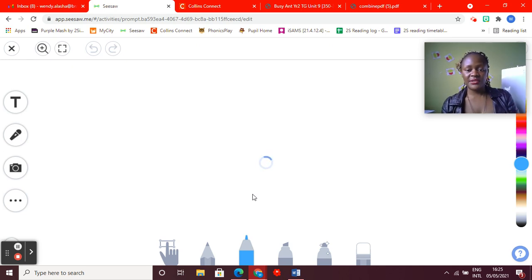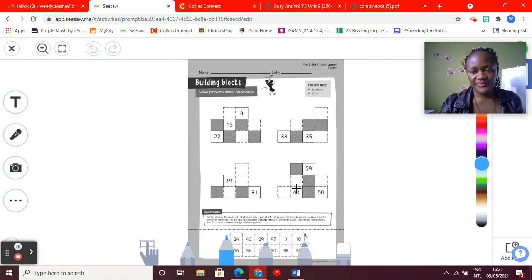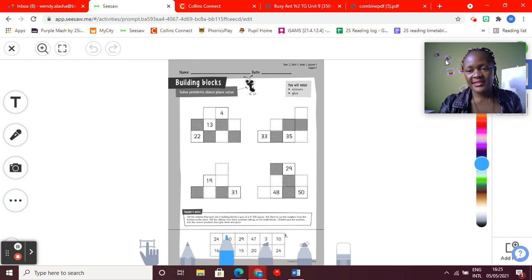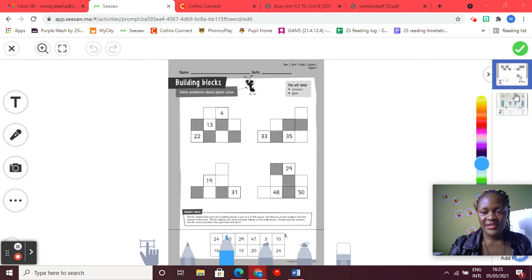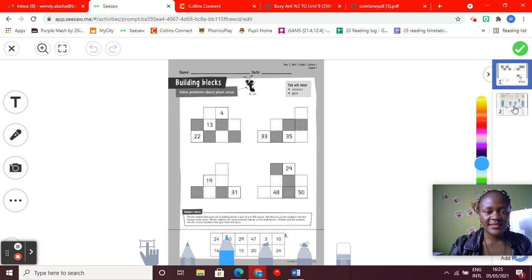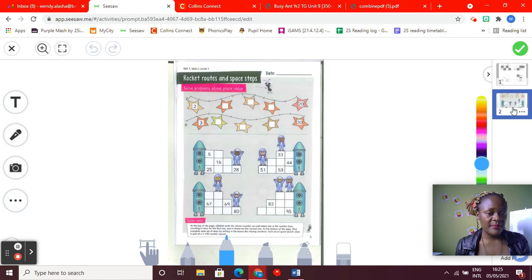So when you go to Seesaw, this is what you'll be working on. You'll have this worksheet and a second worksheet. Let's move Mr. Lasha out of the way. You'll have that worksheet and a second worksheet. And you can choose to do whichever one you feel comfortable doing, or if you feel even more comfortable, you can do both of them.